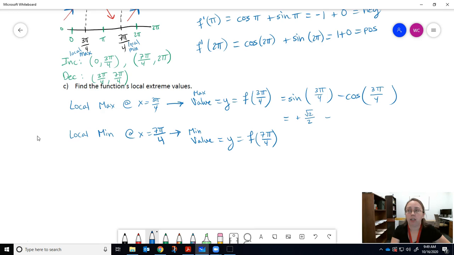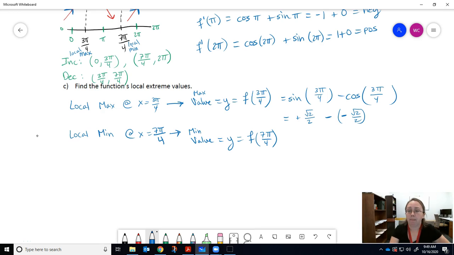Minus cosine there is actually negative. So we have another negative, and pi over 4 is the reference angle, so square root of 2 over 2. So if you don't remember how to evaluate a trig function for the exact value, you probably need to go review that. Find a video. I have some videos about that. If you need me to help you find it, let me know.